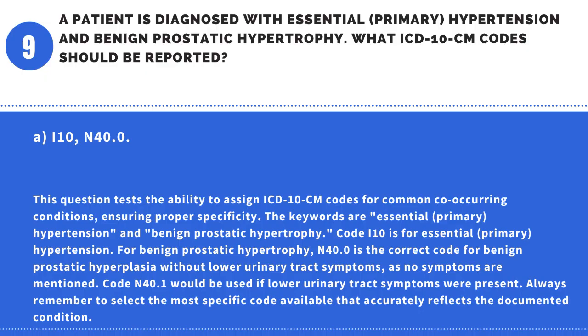For benign prostatic hypertrophy, N40.0 is the correct code for benign prostatic hyperplasia without lower urinary tract symptoms, as no symptoms are mentioned. Code N40.1 would be used if lower urinary tract symptoms were present. Always remember to select the most specific code available that accurately reflects the documented condition.